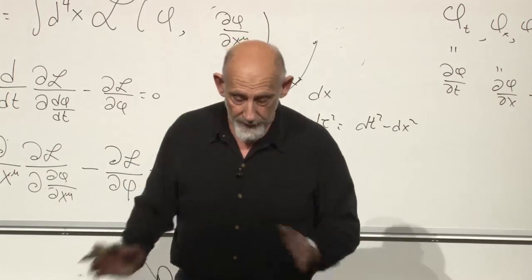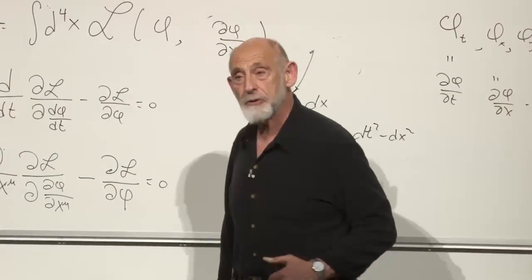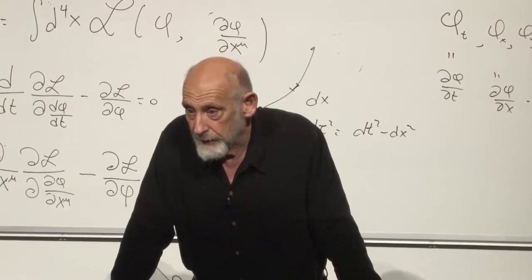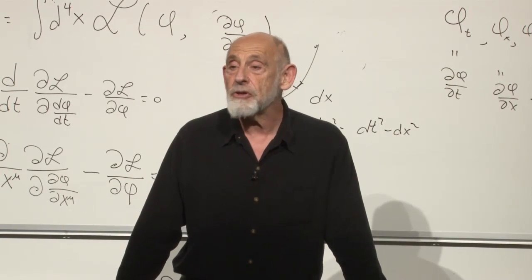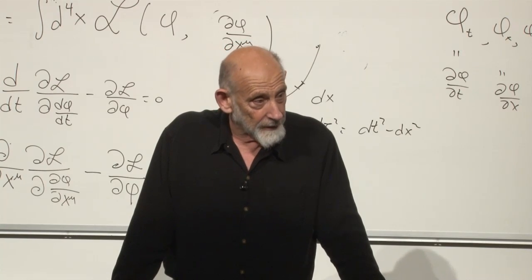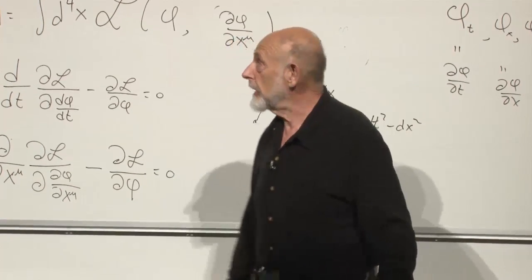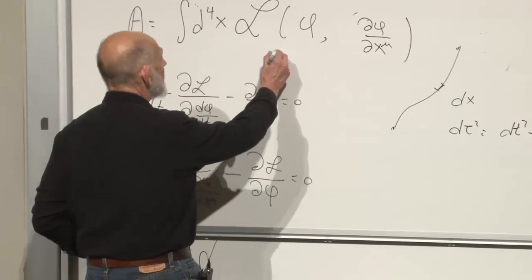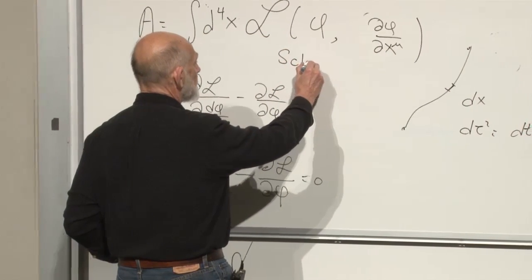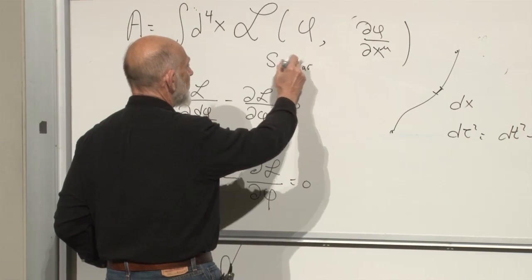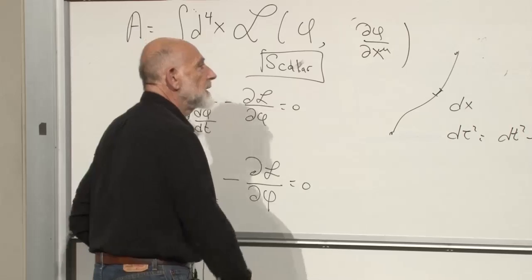That the Lagrangian, the thing that we add up over all these little cells, is the same in every coordinate system. That means it's a scalar. That just means that the Lagrangian should be a scalar. So that's our rule. The Lagrangian should be a scalar under Lorentz transformations. And that's all that there is to it.